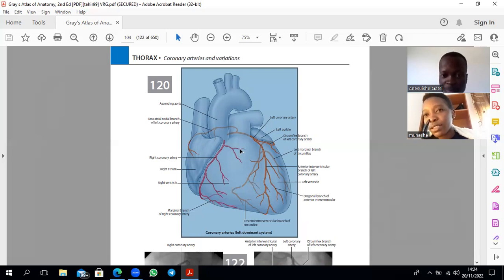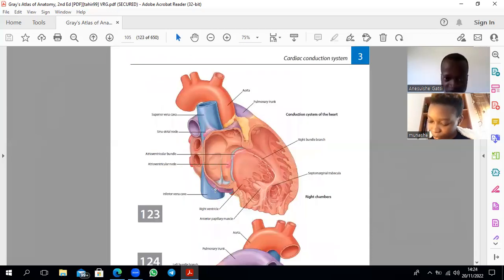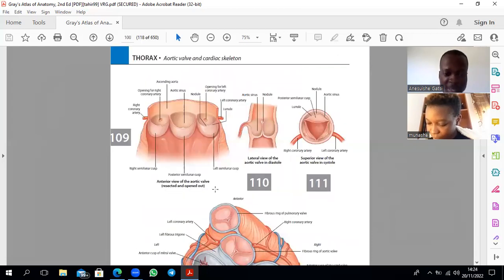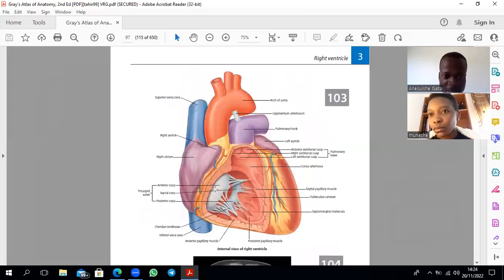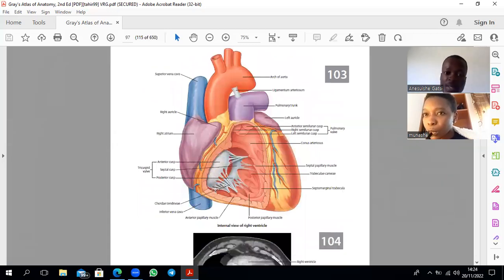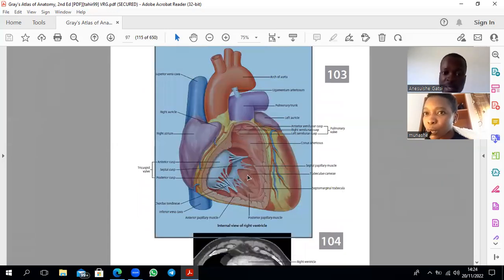Can you please explain again the infundibulum? Okay. If you look at the heart, this is the right ventricle, from where you have this tricuspid valve going up.